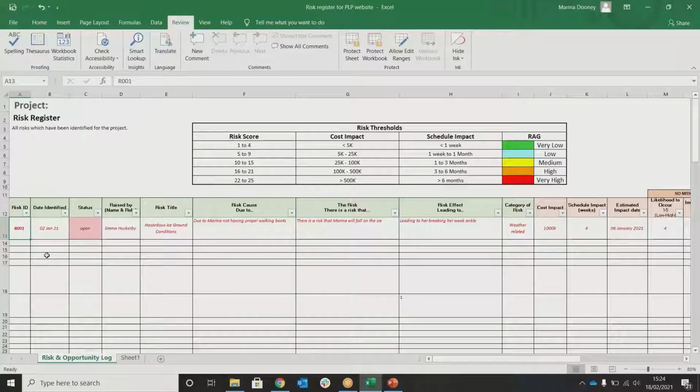Yeah, sure. Great. So your first column is your risk ID. In every risk register or risk meeting, you will need to identify your risk. It's much easier identifying it by number rather than the actual risk itself.